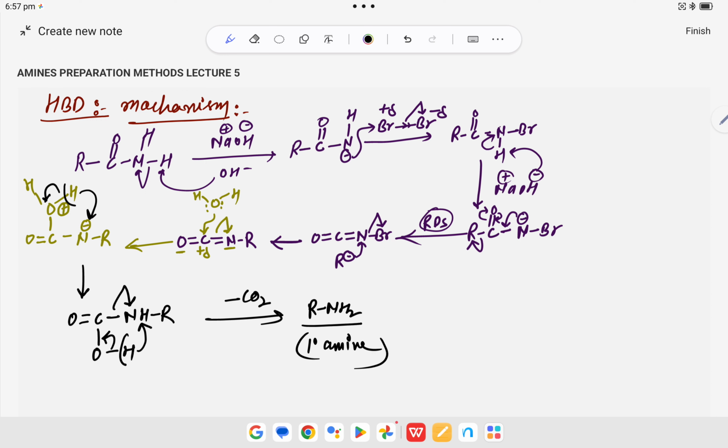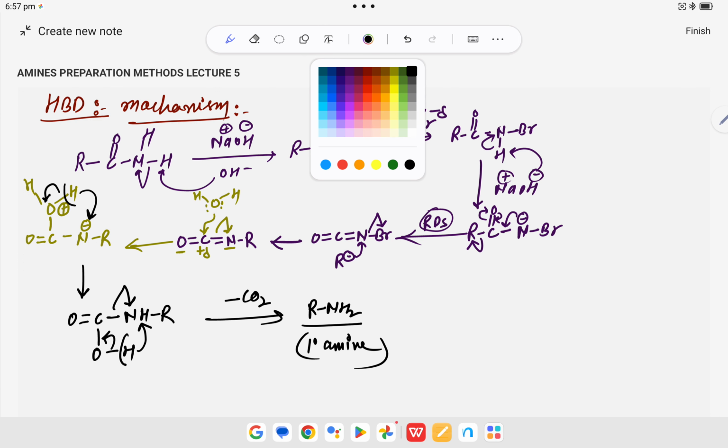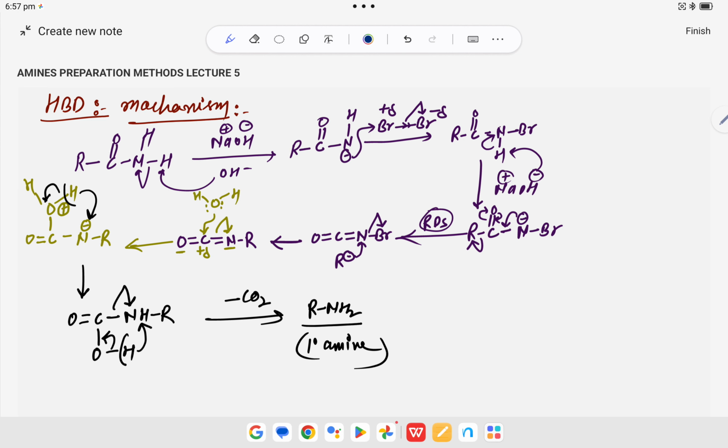You can take the screenshot. Then again I am going to explain the HBD process. First you are using this amide. OH will approach the hydrogen, and the hydrogen's electrons shift to the nitrogen. Then bromine works as an induced dipole and one bromine unit attaches to the species.